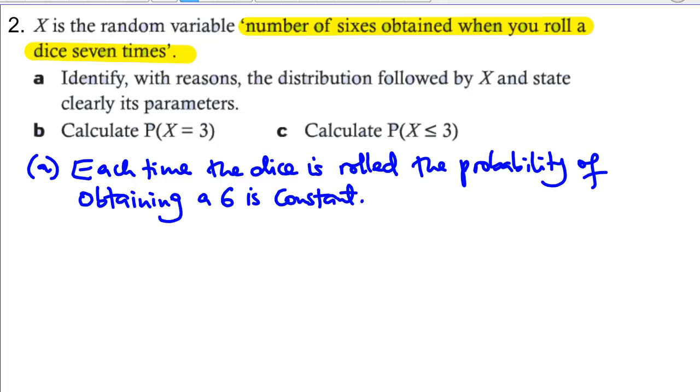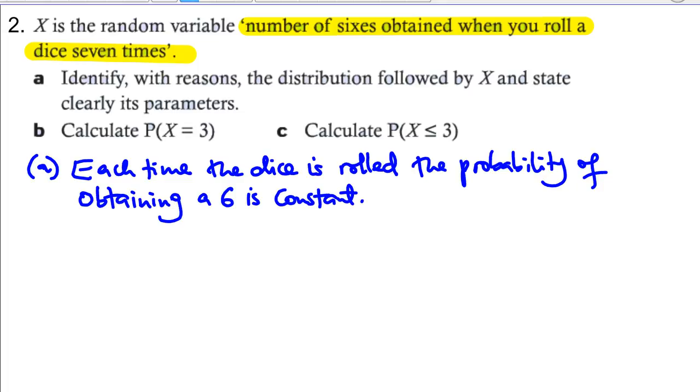So that's one. Another thing we can write down based on the information given is that each outcome is independent of the previous one.